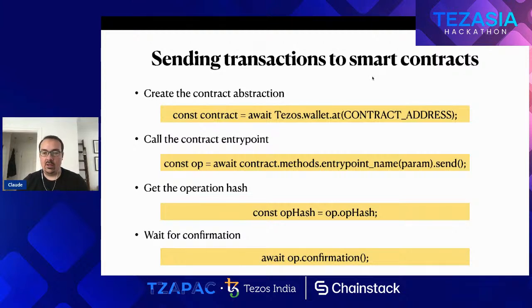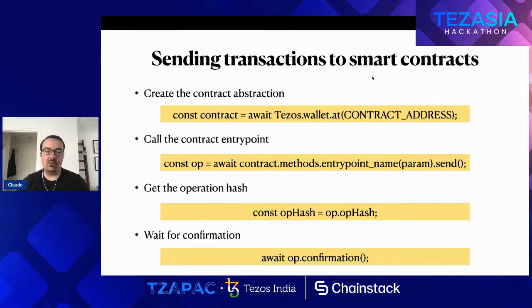And Taquito is going to return an operation object with, once again, multiple properties and methods that you can use to get information about the operation that you just sent. So for example, there's going to be an op hash property that contains the hash of the operation.